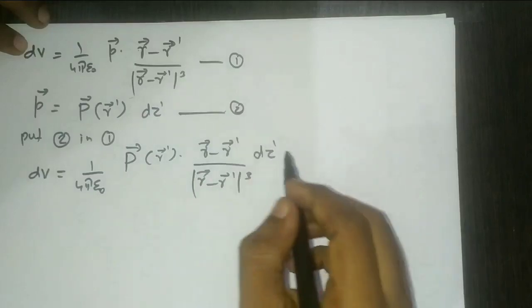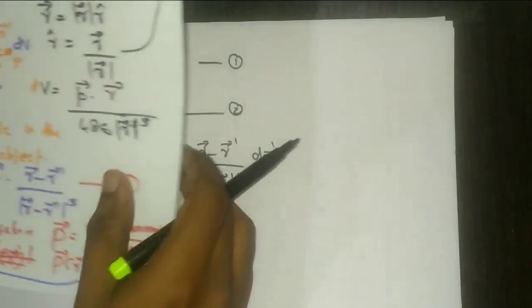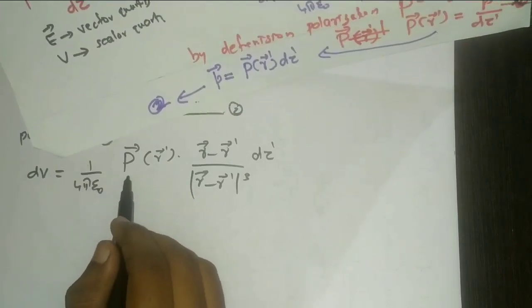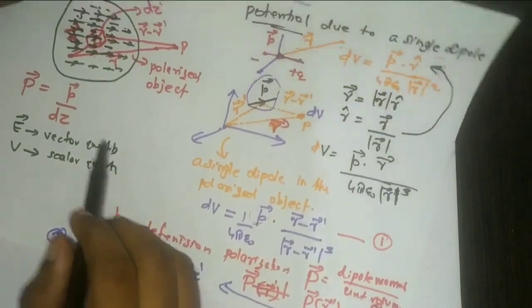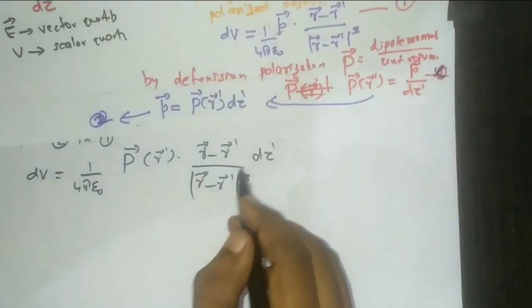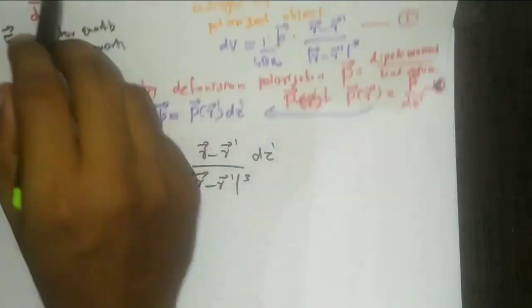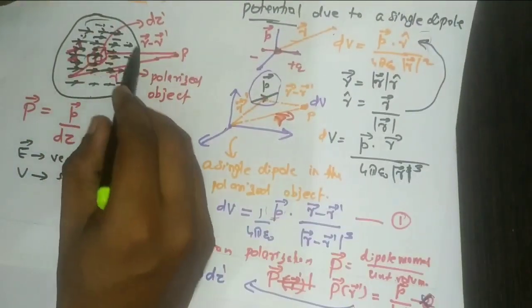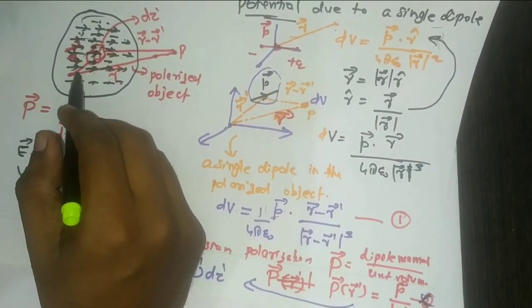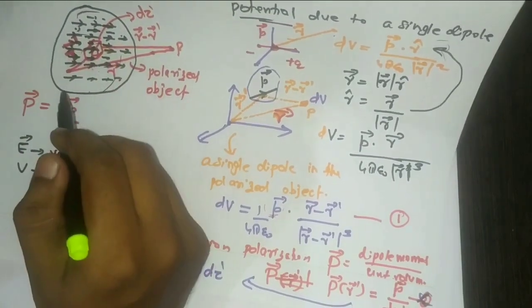Just I have substituted here. This dV is the potential due to the dipole contained in this volume d tau prime. Now I need to find out the potential due to all these dipoles, or the potential due to the whole polarized object.